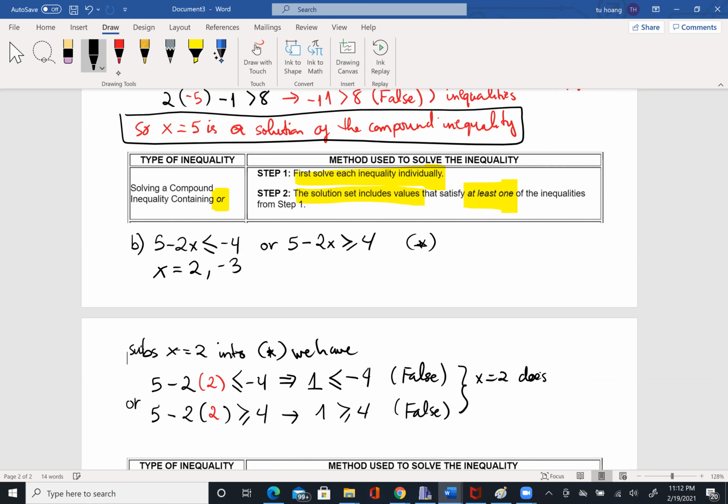does not satisfy, they're not satisfied. Neither, or how can I say, they're not satisfying both inequalities.